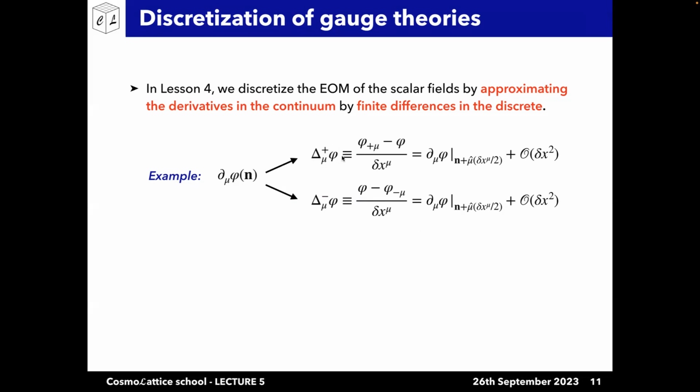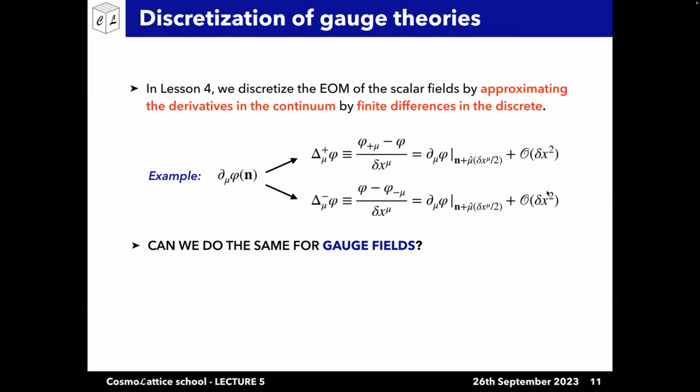This is the discrete derivative that I introduced, and we showed that this recovers the continuum up to second-order errors in the lattice spacing. So this is the way of discretizing the scalar singlet.